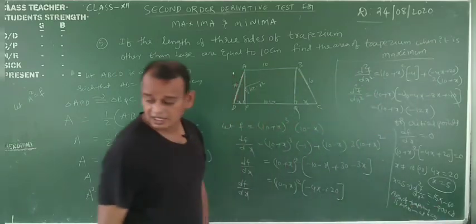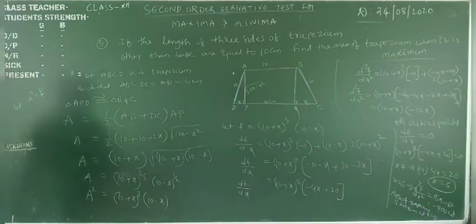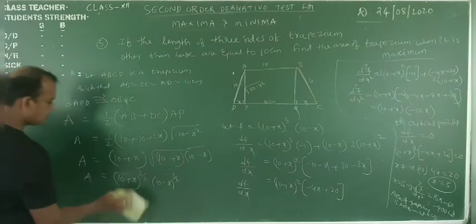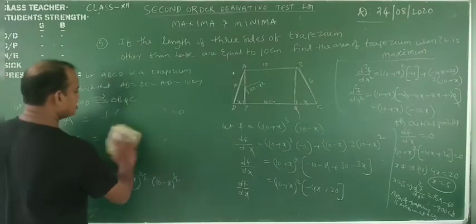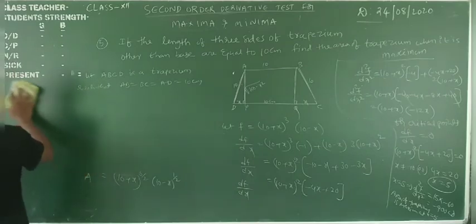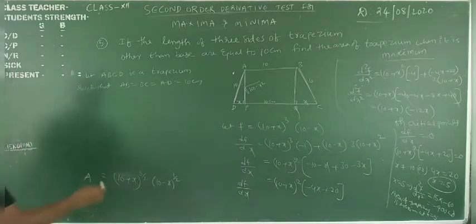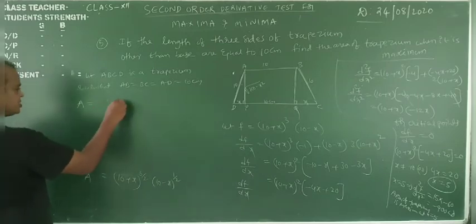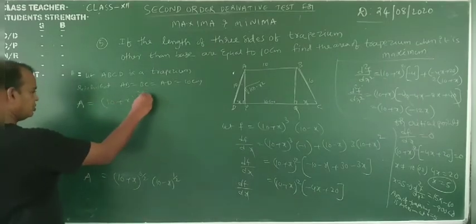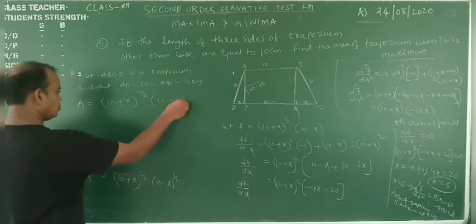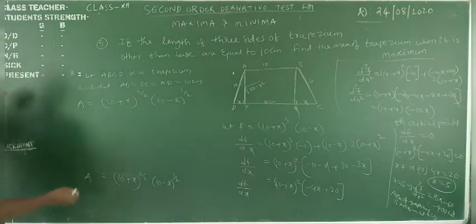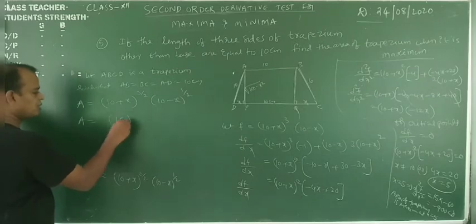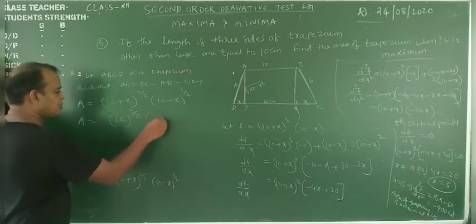Now we can find the area. What is the area here? Substitute here, area is there. Now area is 10 plus x whole power 3 by 2 into 10 minus x whole power 1 by 2. Now x is equal to 5. 10 plus 5, 15 whole power 3 by 2, 5 power 1 by 2.